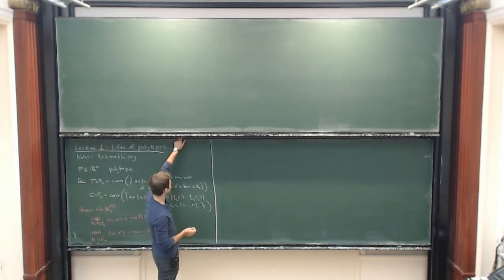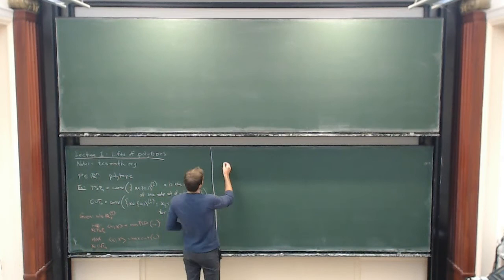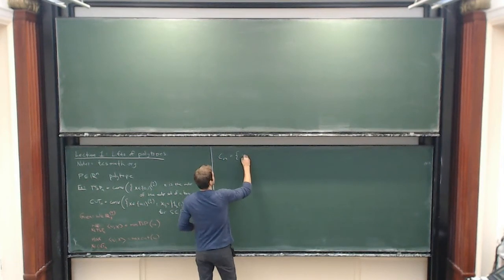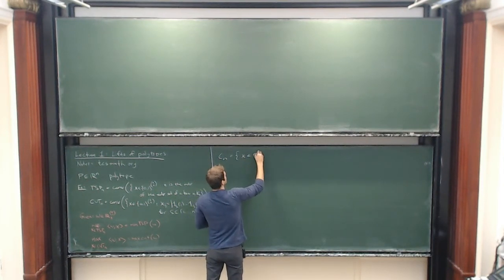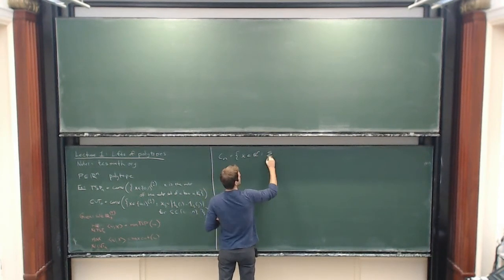So let me give now another example of a combinatorial polytope, which at first glance also seems complicated. This is just the cross polytope, the set of all x in R^n that is the unit ball of the L1 norm.